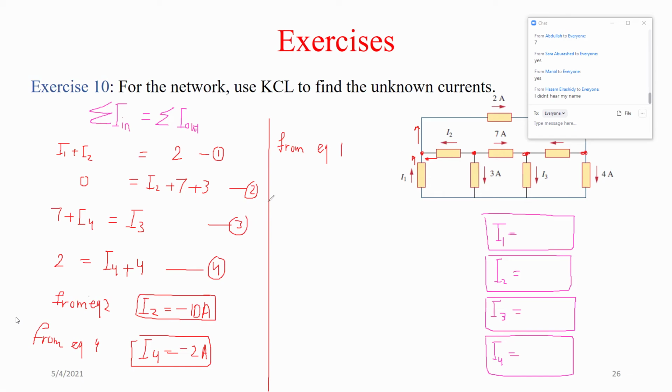So I1 plus negative 10 equals 2. So I1 equals 12, right?